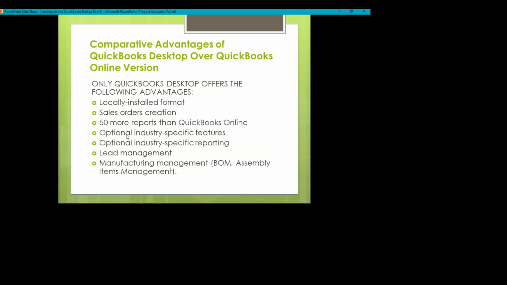It has options for industry-specific features. Also, it has optional industry-specific reporting, lead management, and manufacturing management. It can manage the manufacturing aspect of your business, which is not yet available in QuickBooks Online version.